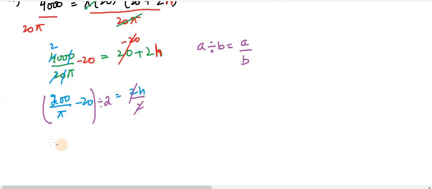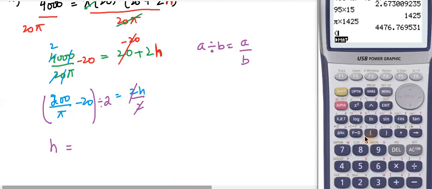Finally, our subject H is on one side, and we are now going to do all this calculation in one go using the calculator. So it's bracket, let's make it a fraction first. So it's fraction 200 over pi.